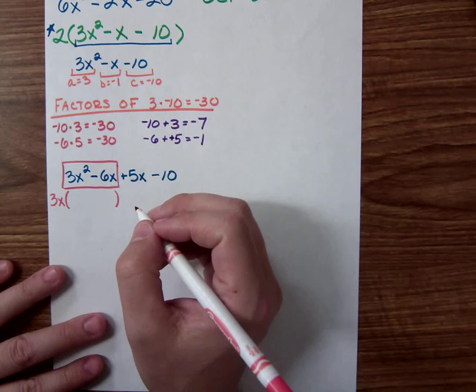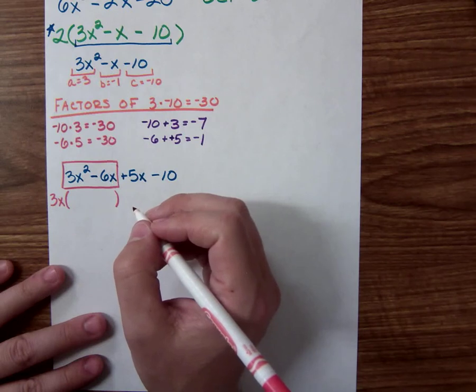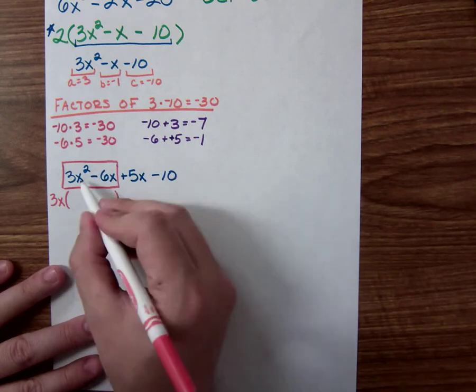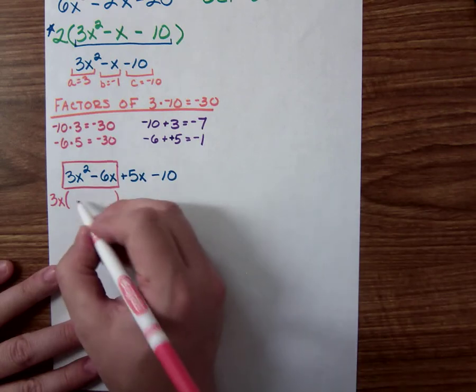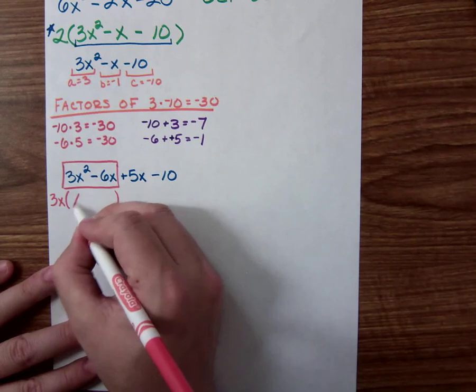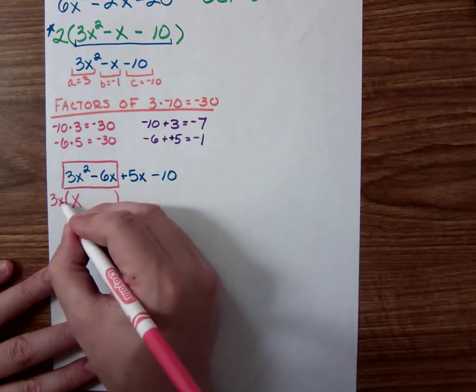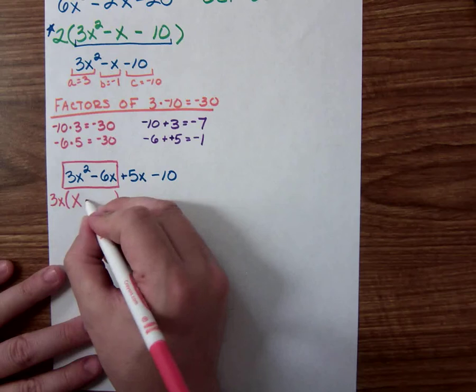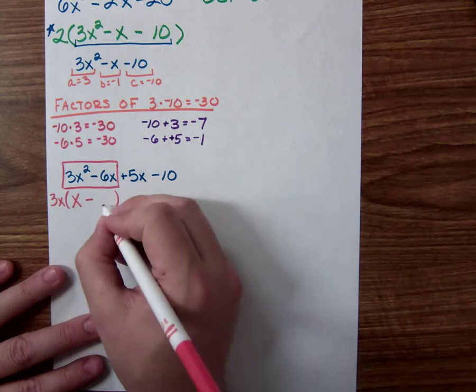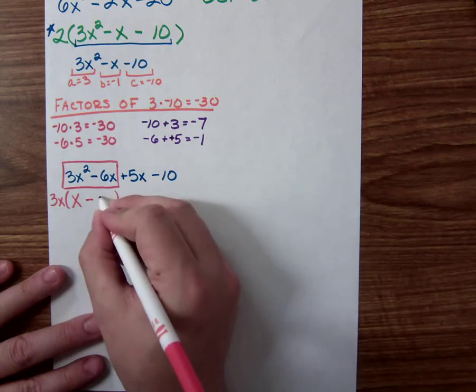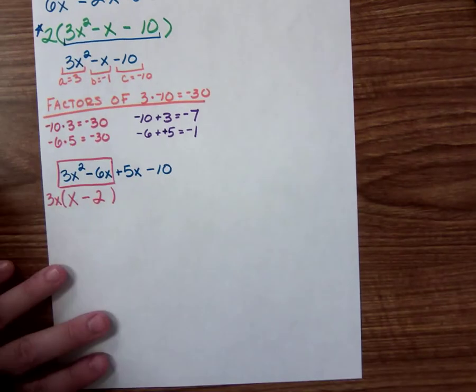Divide. Negative squared? No, so it'd be 1. It'd just be x. X squared divided by x is x. So 1x minus 2. There we go. Good.